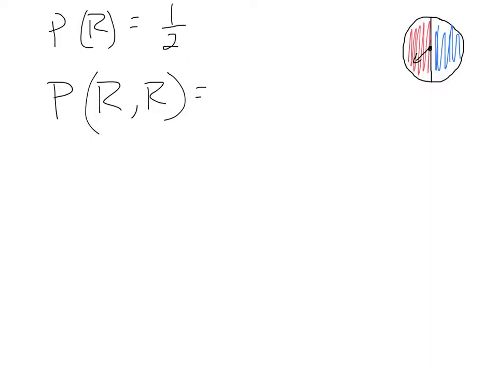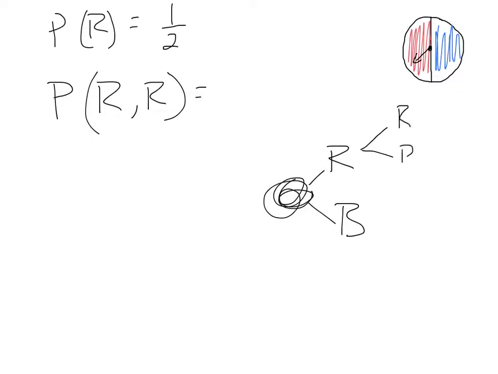Well, let's go through the unique possibilities. With your first spin, you can get a red or a blue. If you got a red, you could spin and get a red or a blue.